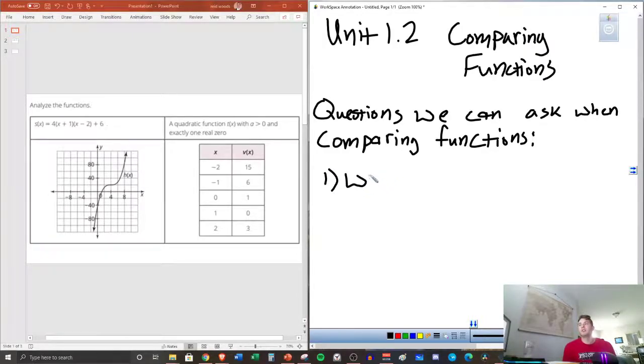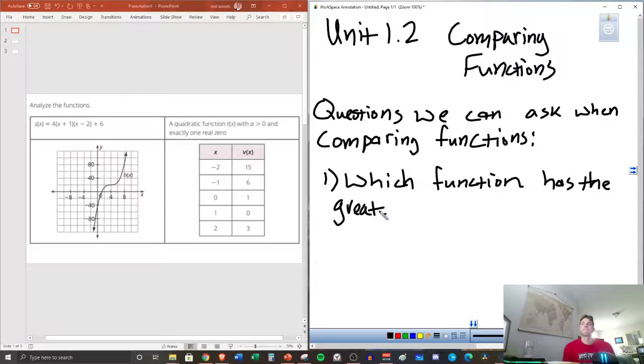Which function has the greatest, least degree.